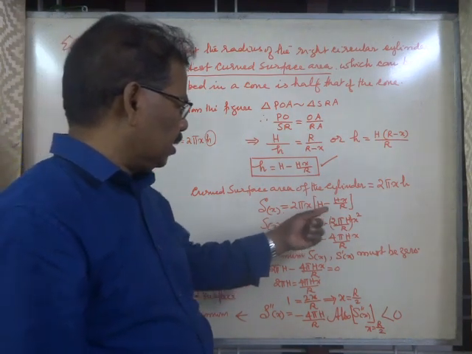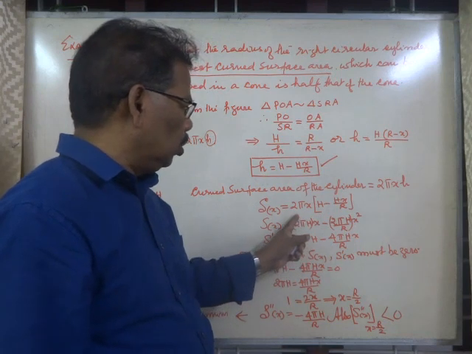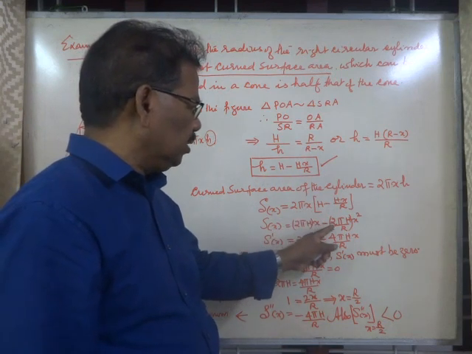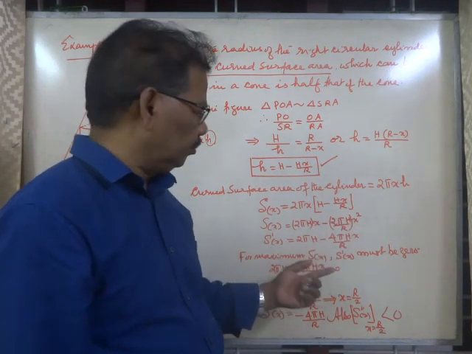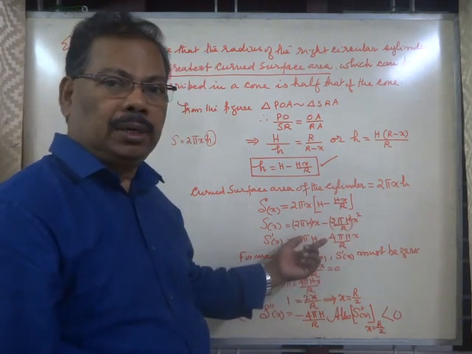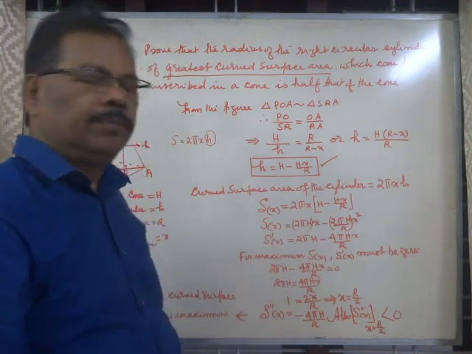On expansion, we can write S of x is equal to 2 pi H x minus 2 pi H by R x square. That is to make it easier for differentiation.